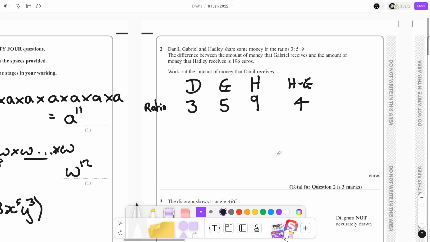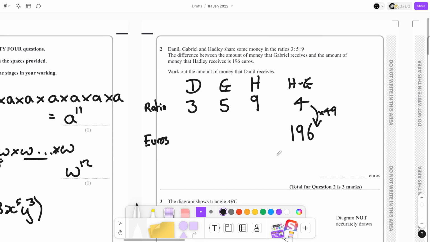And then in money, this row is the euros, we know that the 4 ratio is worth 196. And then we ask, how many times bigger is that than that? Well, 196 divided by 4 is 49 times bigger.